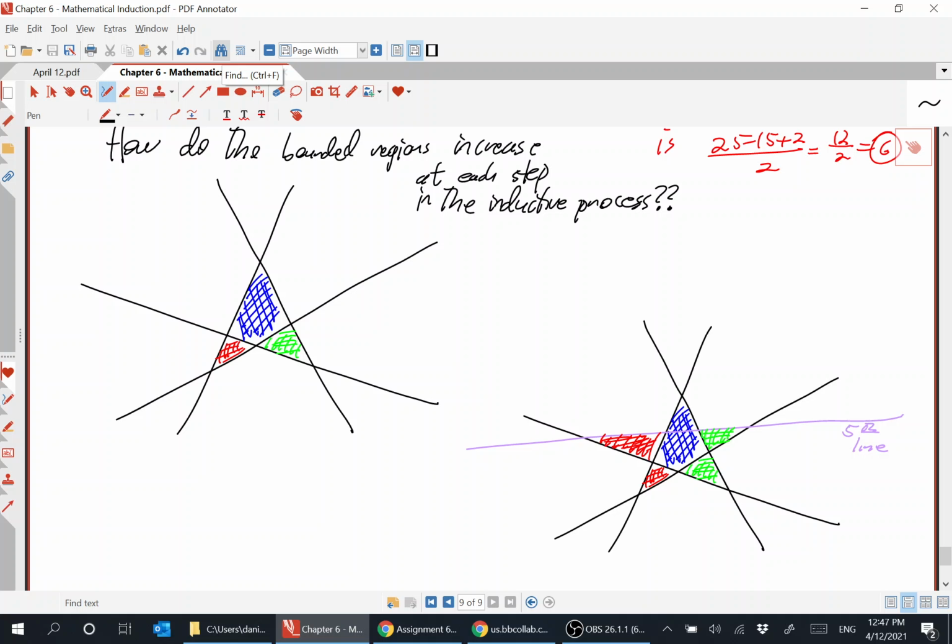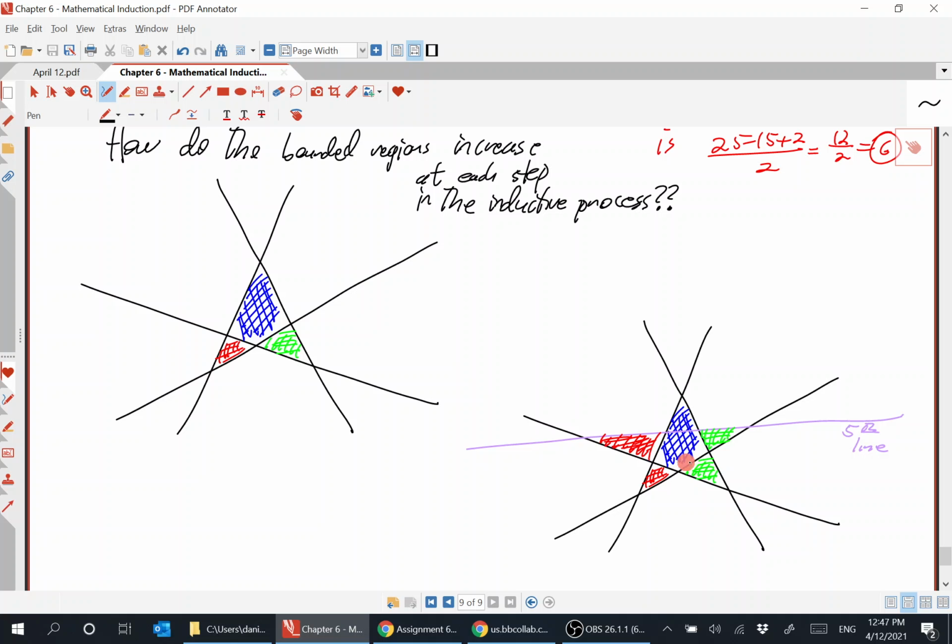Below it. Well, there's one above it right here, yeah? This bounded region. Yeah, I guess that's an interesting point.